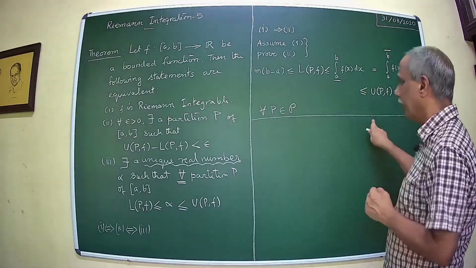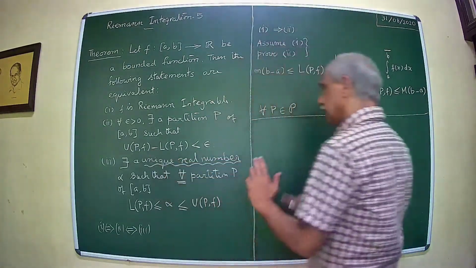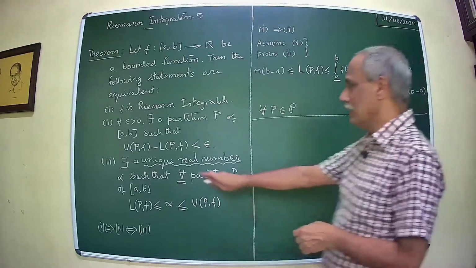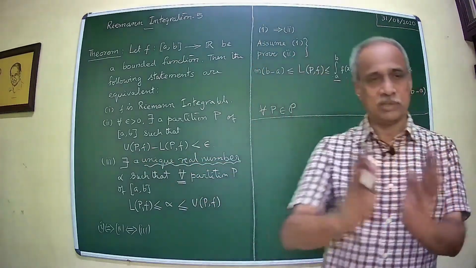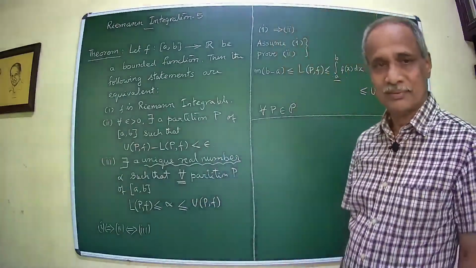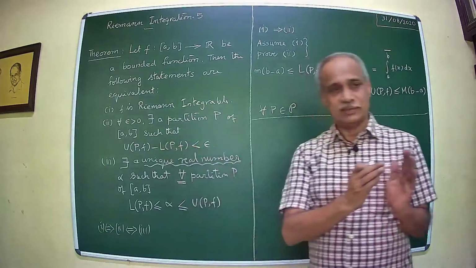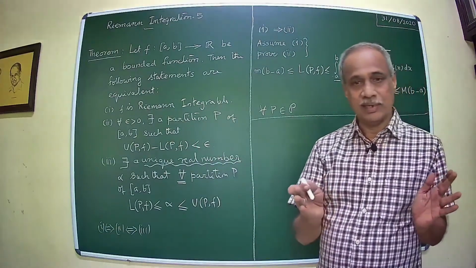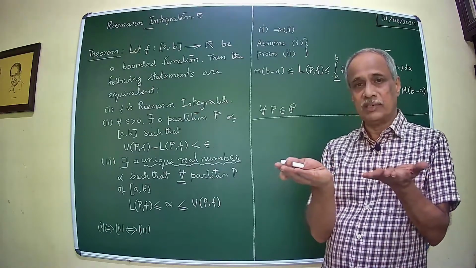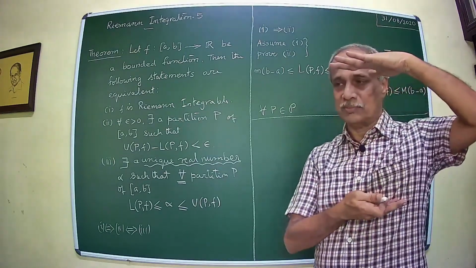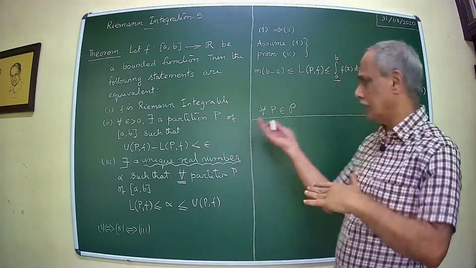Now from here you have to get here. Now what is the advantage? The advantage is that you know that U(P,f) and L(P,f) are essentially finite sums that you are working on. Therefore it is easy to compute. And they are associated with what? The lower approximation by step functions and the upper approximation by step functions. So it is quite easy to compute what they are.